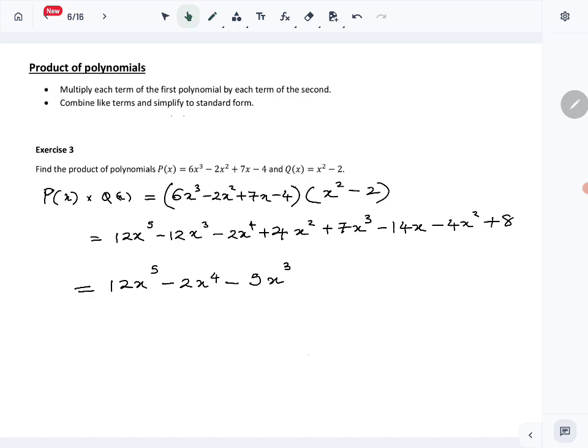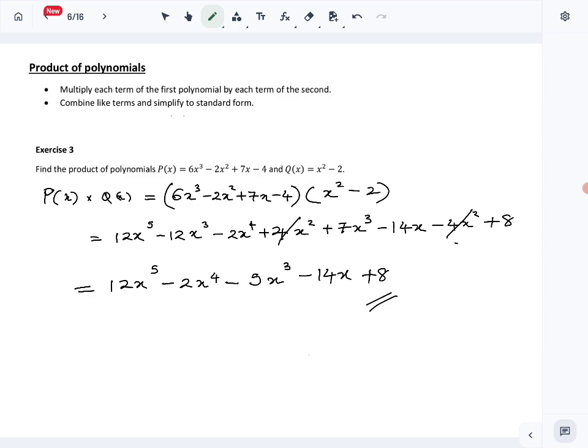Then the x squared terms. This one 4x squared and minus 4x squared, right? That one you can cancel. So there's not going to be x squared terms. So we did x5, x4, x3, x squared. Now only x terms are left. So this one, minus 14x, and the constant plus 8, right? So that is the answer, right?